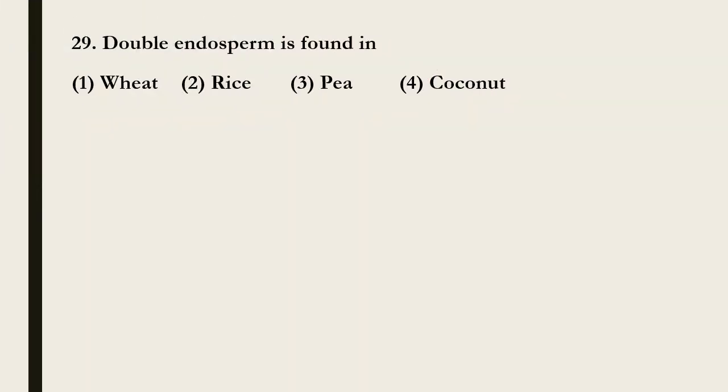Question number 29. Double endosperm is found in options 1 wheat, 2 rice, 3 pea, 4 coconut.